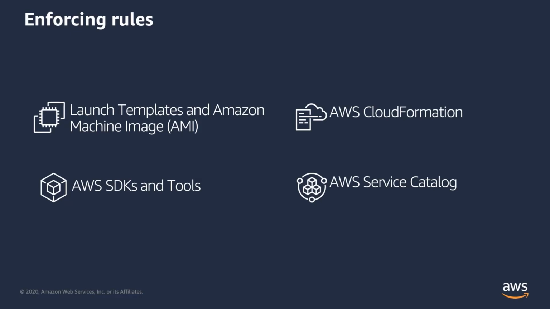If you use EC2 launch templates, you can specify a license configuration or a number of license configurations to use with your launch. If you use CloudFormation, you can also specify which license configuration or configurations to use. Now, there are enforcement capabilities through the API, so if you have an automated deployment mechanism, you can leverage the SDK tools and leverage the License Manager API to enforce those rules.